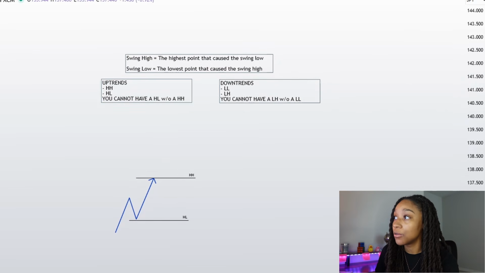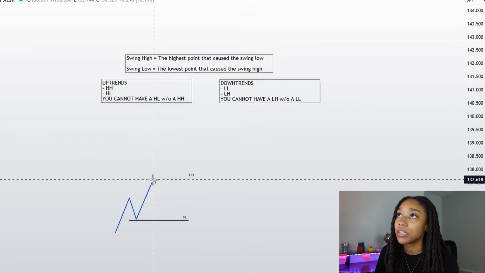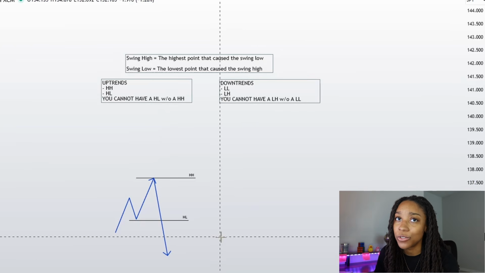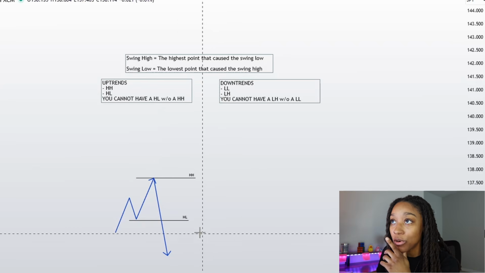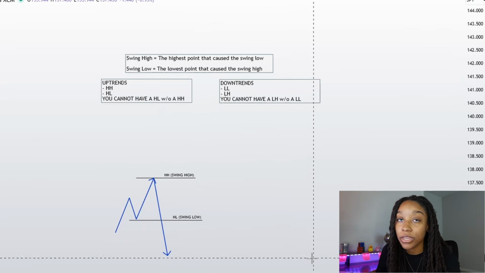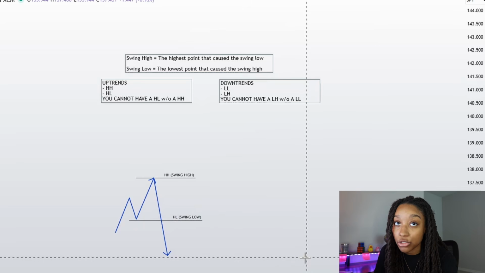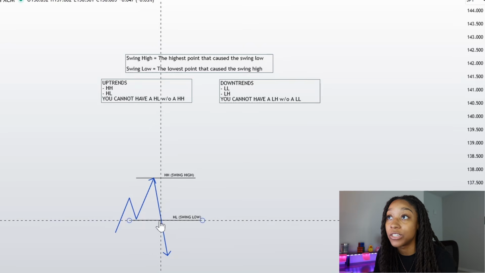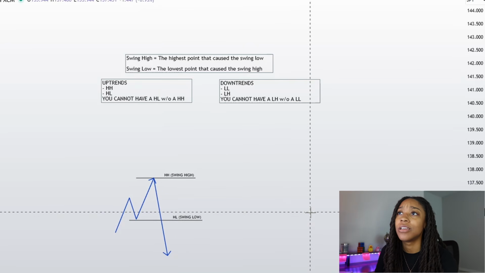So if price decided to do something like this, what did price just do? We broke a swing low. Let's also mark this again. We just said that when you break a swing point, that is a change of structure. When you break swing points, the structure is changing. We just broke the higher low. But hold on, we don't make lower lows in uptrends.